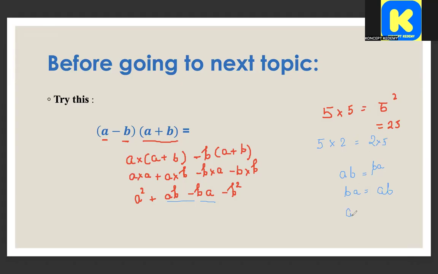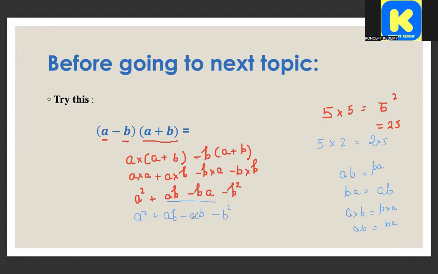So this ab is also a into b. If you are writing a into b or b into a, both are the same. a into b will give you ab and b into a will give you ba. Both are the same. So this will be a square plus ab minus ab minus b square.